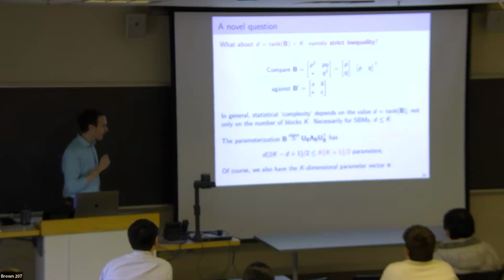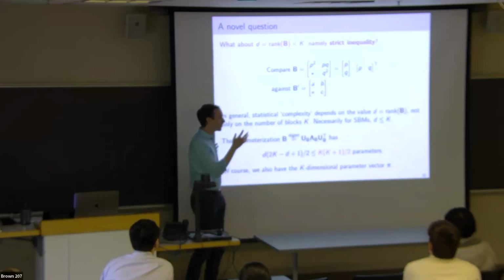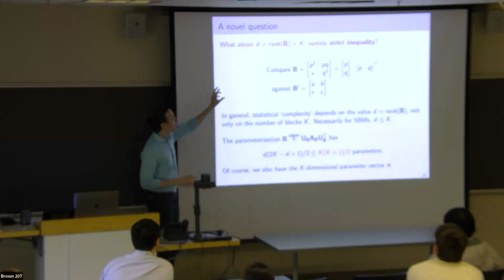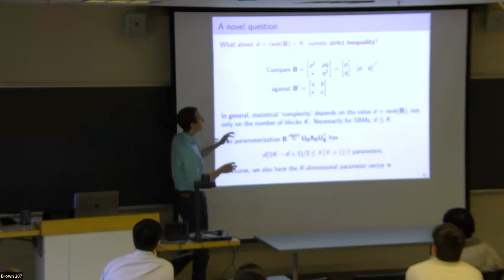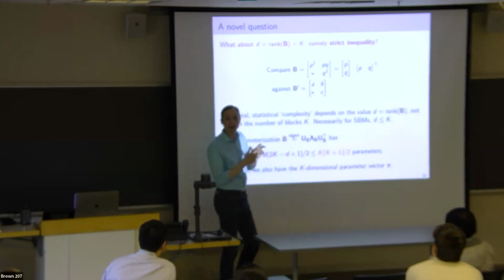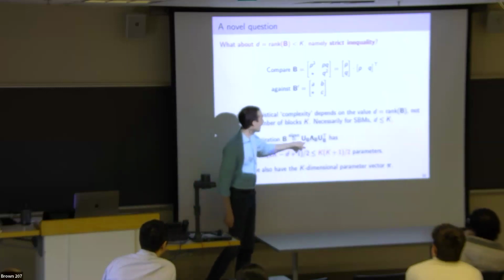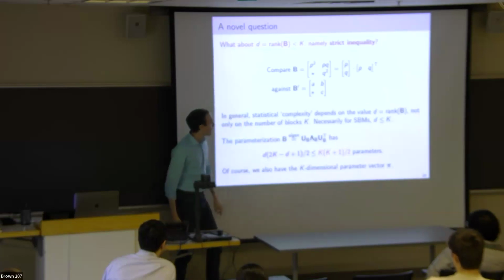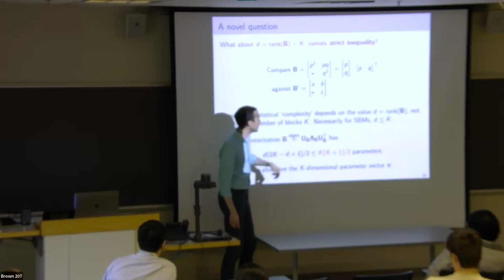It turns out that actually the rank of B matters in a very concrete statistical sense for estimation. And one way to maybe think about that is that the statistical complexity of the problem that we're studying may depend on the rank, because a rank constraint on a matrix constrains the configurations of the entries, right? You can't have arbitrary probability values here under a rank constraint. And so what that means is if we take B and parameterize it through its eigendecomposition, then we can count the number of free parameters in U_B and Lambda_B.